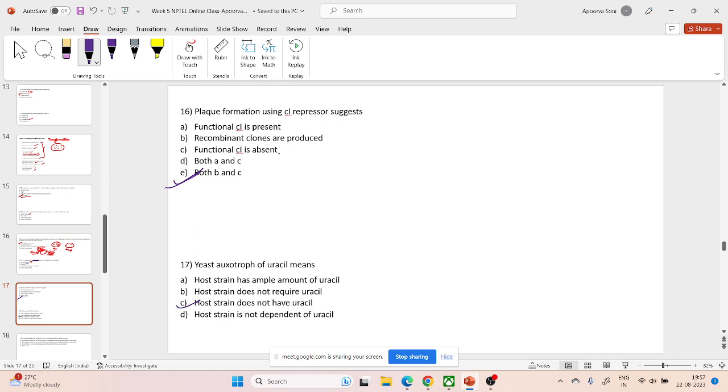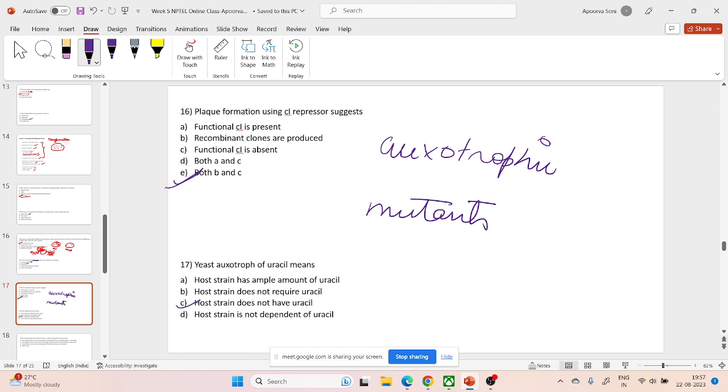So auxotroph means, I don't know whether you have heard or not, but there is a term known as auxotrophic mutants. An auxotrophic mutant means that whatever particular gene we are taking is not present in that particular mutant form.